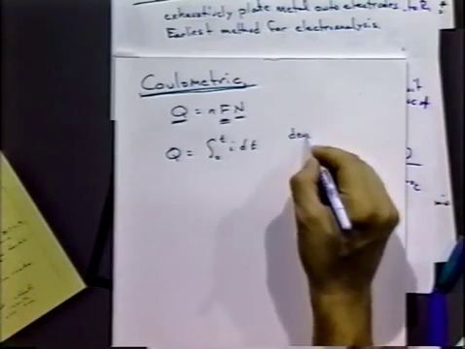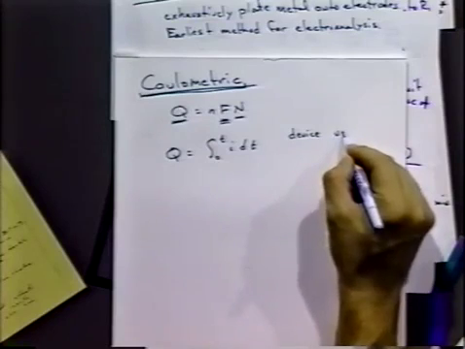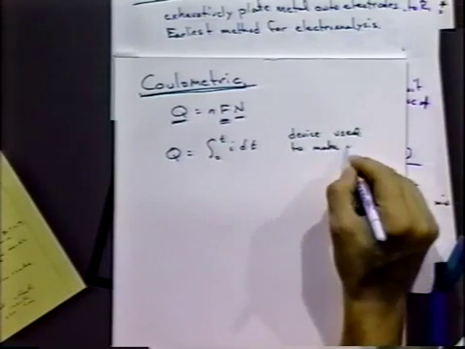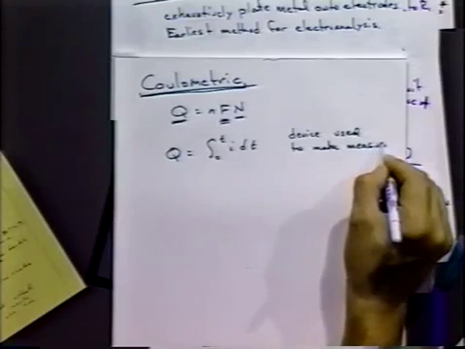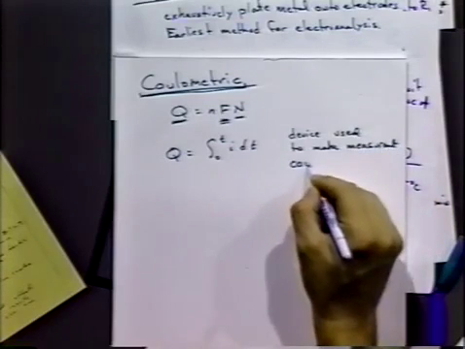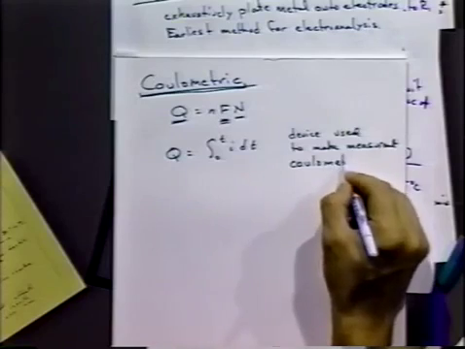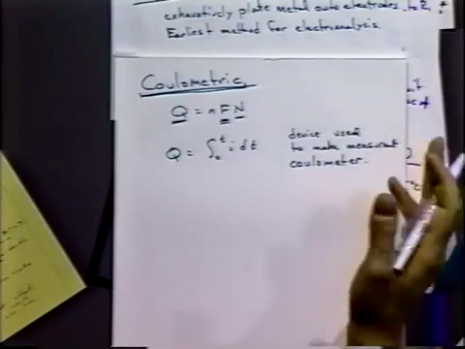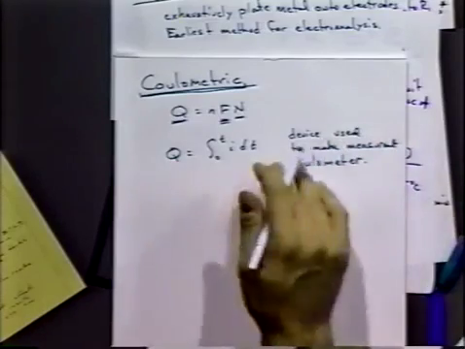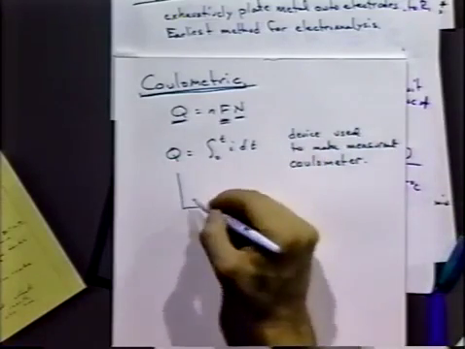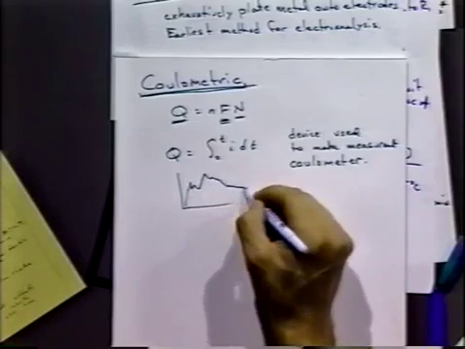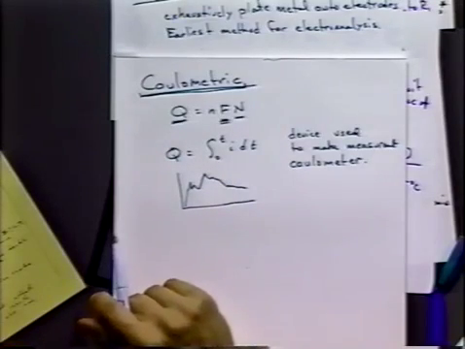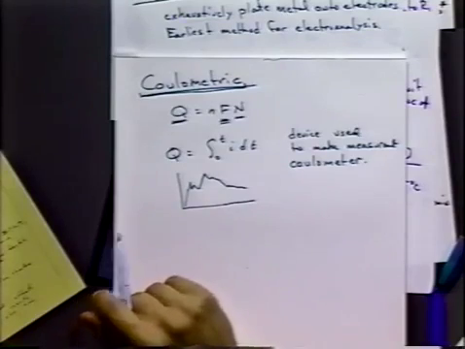So a device used to make that measurement is a coulometer. And you can do this manually. You could have a trace recorded on chart paper, and you can use various methods to take that current trace and integrate it and get the charge.